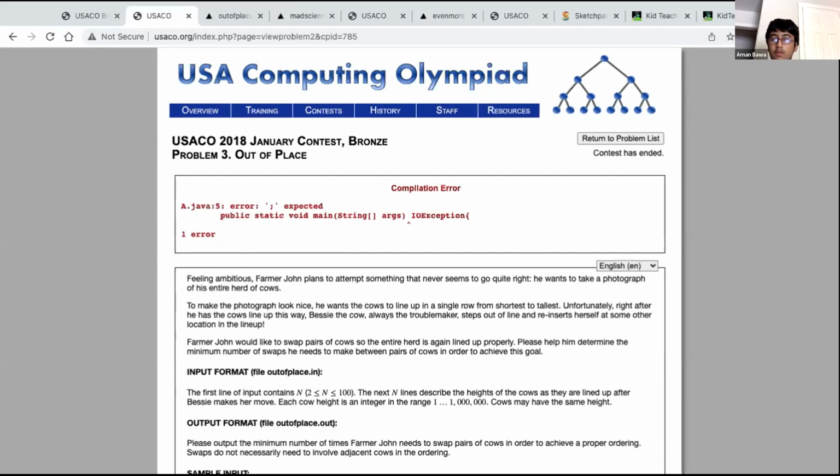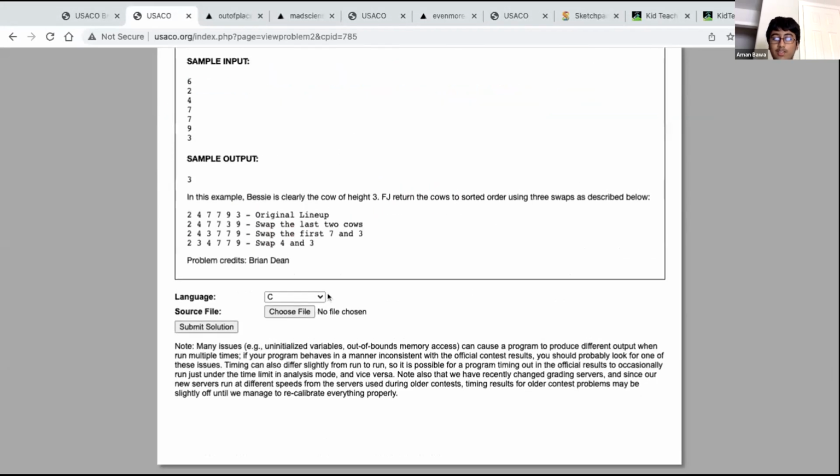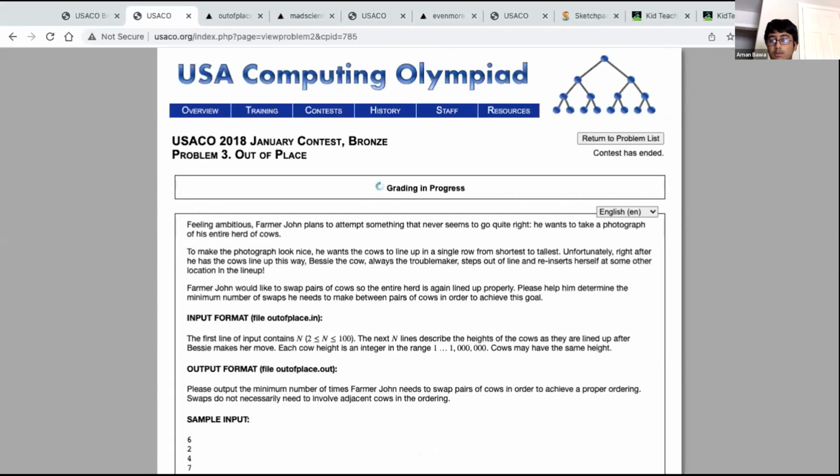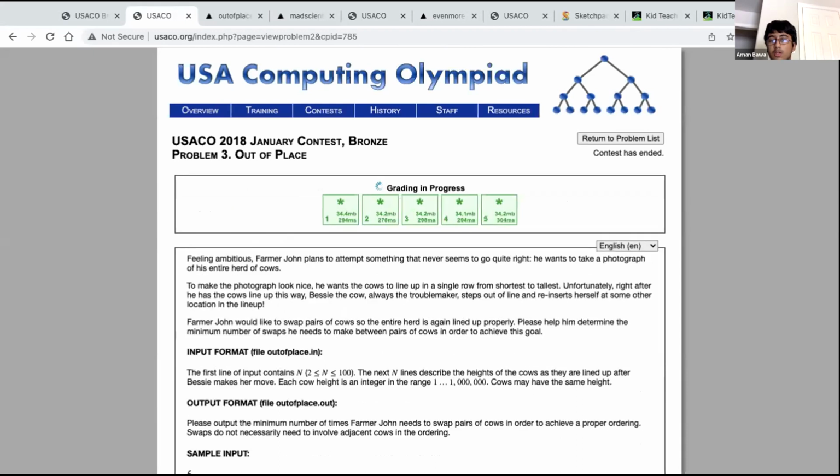I didn't do throws IO exception. Let's try one more time. Okay, so now it seems to be working.